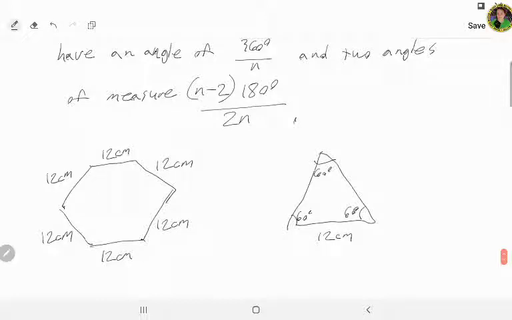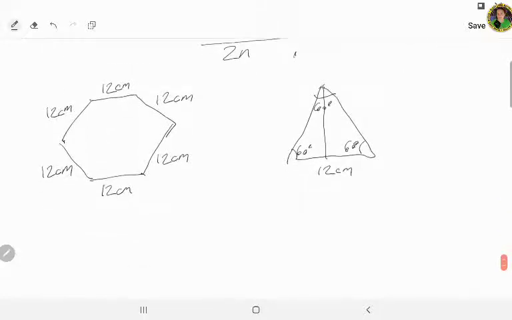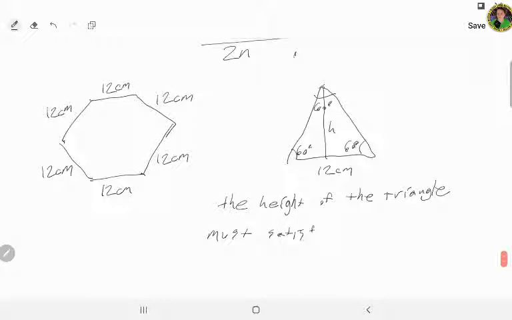So this is convenient because it has a base of 12 centimeters, so we can just use a little bit of trigonometry. We notice that we can break that in half. We notice that the height of that triangle must satisfy tangent of 60 degrees equals h divided by 6 centimeters, because we're looking at half of the triangle to deal with the height.